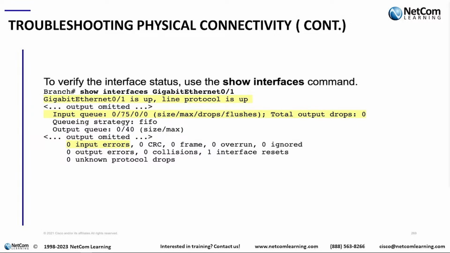That tells us how many packets are in the queue and its maximum size. Drops is the number of packets that have been dropped. We can also identify the queuing strategy, the output queue. That's the size of the queue that shows the current packets, any output errors, any input errors, as well as collisions. So there's a lot of information that we can gather from looking at the output of the show interface command.